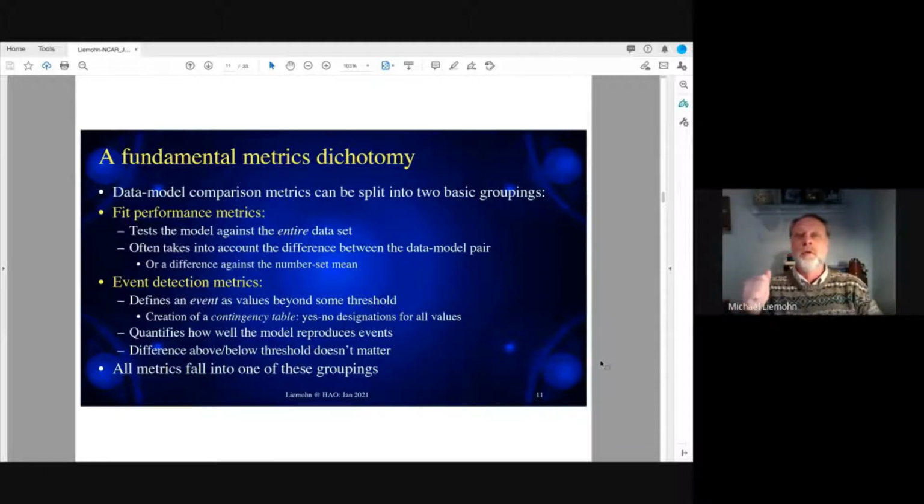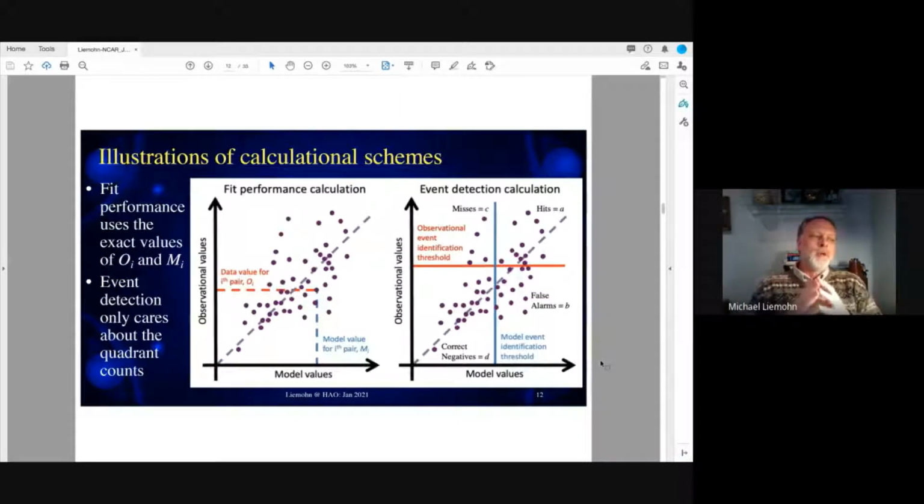No longer do you care about the specific value of MI or OI. So here's a picture showing the same set of data. In the fit performance, you actually care about what is the level on the O axis, what is the level on the M axis, and you're doing some comparison of how close it is to the one-to-one diagonal line or some other assessment that way.